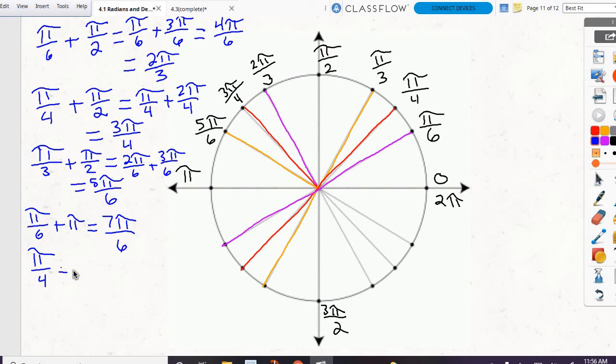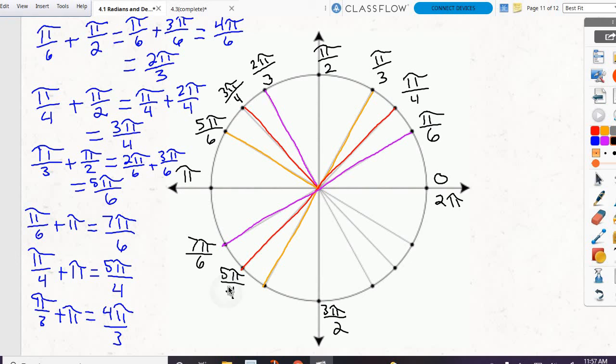If I add it to pi over 4, we get 5 pi over 4. And if I add it to pi over 3, we get 4 pi over 3. So what's the relationship this time between our numerator and denominator? Our numerator is 1 higher. Questions on that?